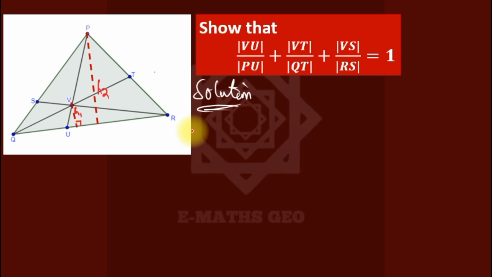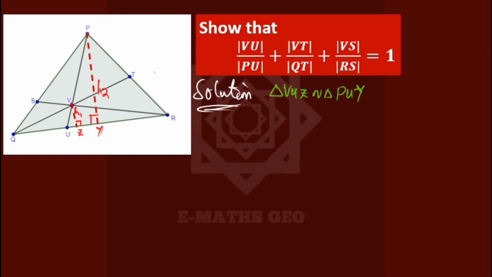Let's call this point, this point, which is 90 degrees, Z and Y. So we have two similar right triangles, VUZ and PUY. So we see that triangle VUZ is similar to triangle PUY.